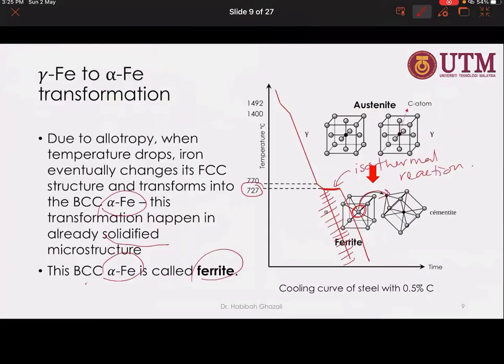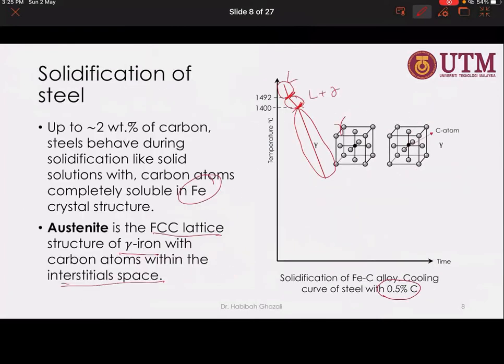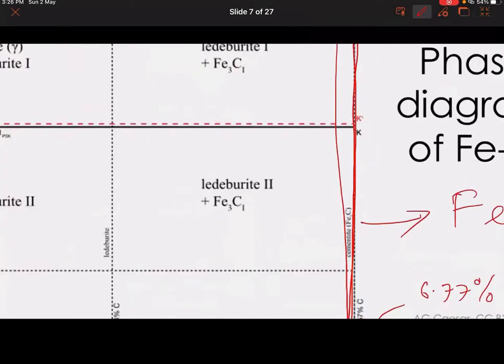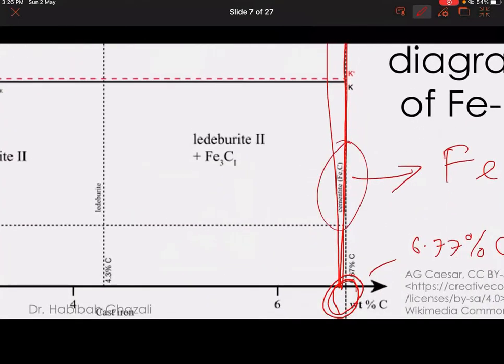If you look at the original phase diagram, we have the terminal element here, which is alpha, and the terminal on the right side is cementite. If you zoom in here, it is cementite, Fe3C.